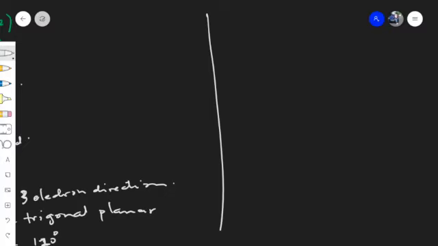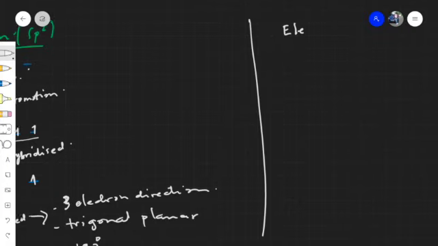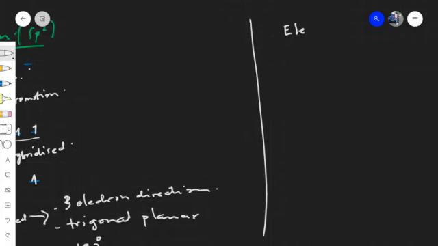Therefore, we can show this electron configuration, this distribution, or this sp2 hybridization in ethene, which is C2H4. And like I said, we've got three electron directions. So this is the electron direction, but we have another carbon that comes here with three electron directions.